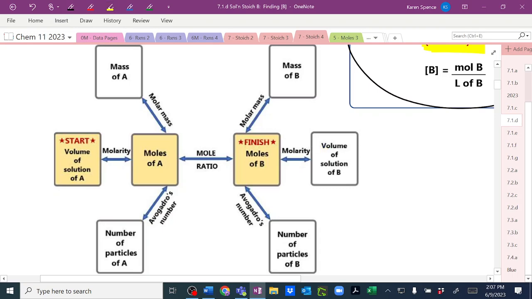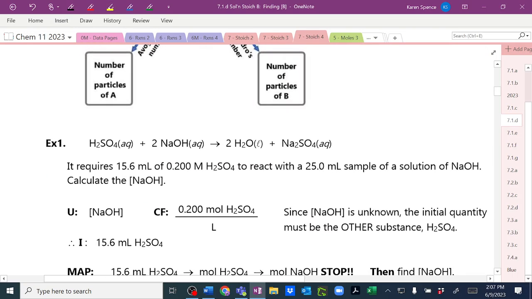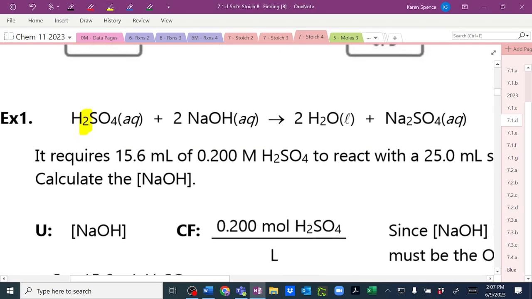All right, so we're going to take a look at this example, but this example is almost identical to the one that we just did. Yes? Because look, in our example from yesterday, we had H2C2O4, and here we have H2SO4.